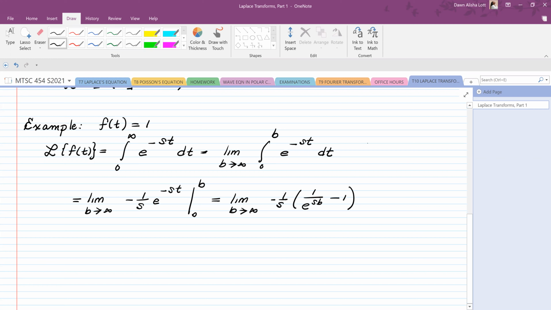And the assumption here is s is positive. So therefore, this term goes to 0 as b goes to infinity. So I just get 1 over s.